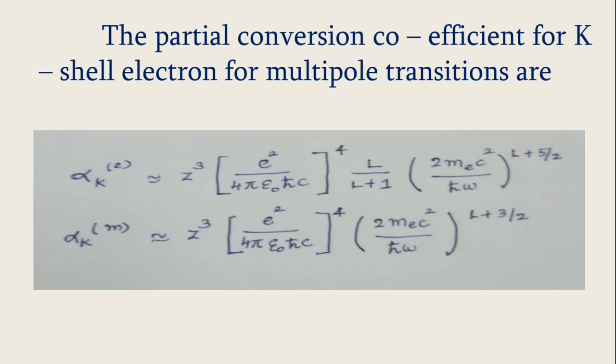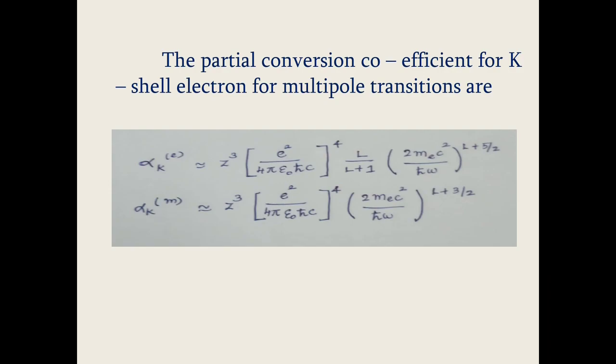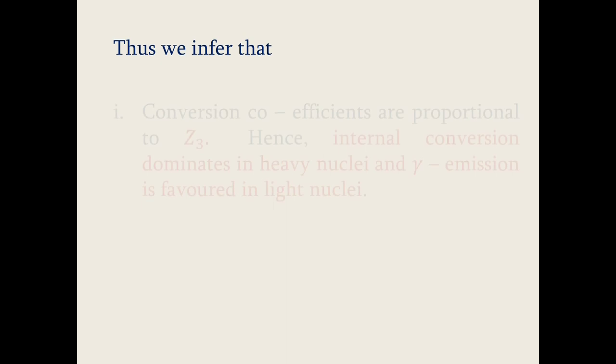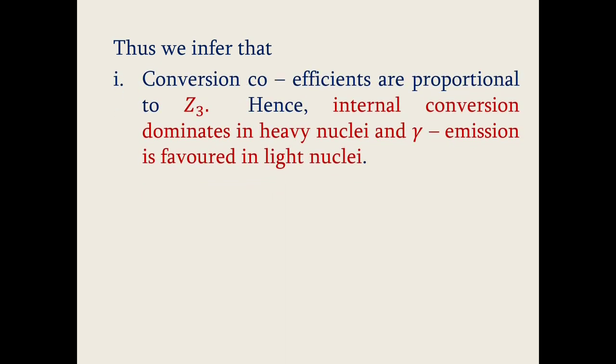So from these equations we could see that the conversion coefficient depends upon the Z, the energy and the order L. So from the above two equations we can infer the conversion coefficients are proportional to Z cube. It was a typographic error here; it is a Z cube, not Z3.